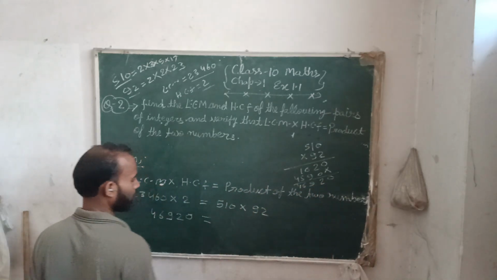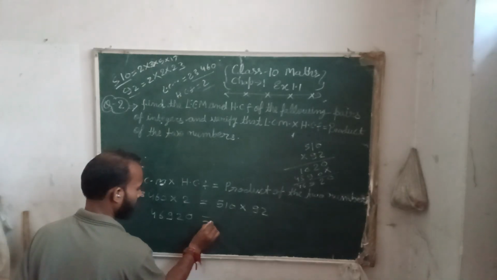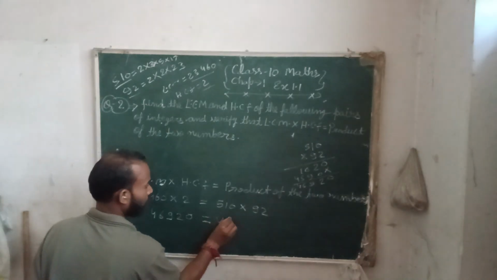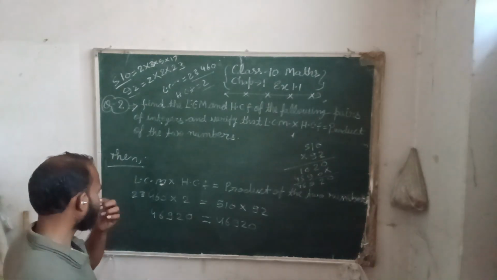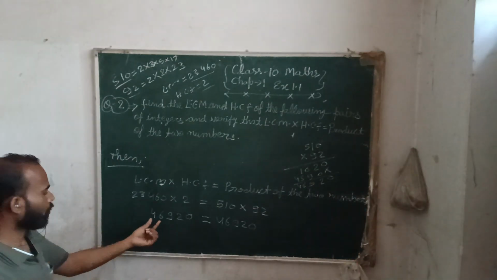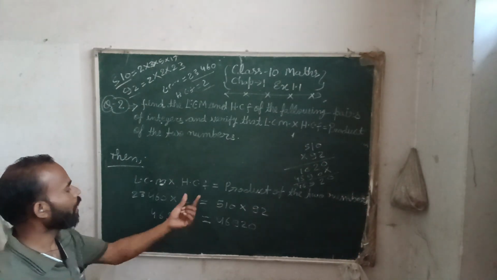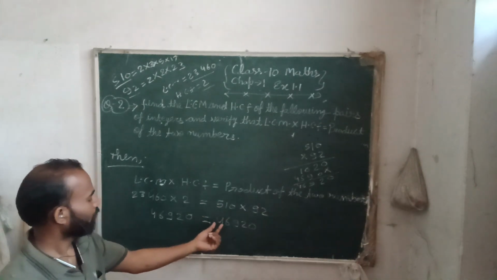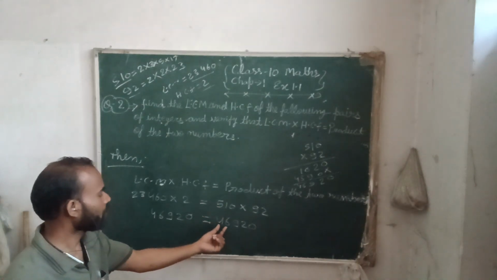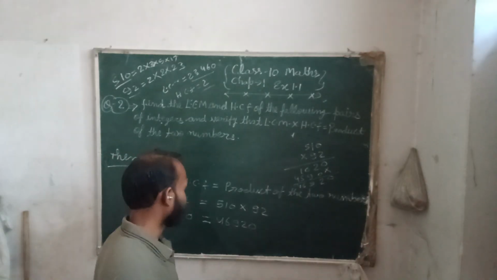Both products give 46,920. LCM into HCF is 46,920 and the product of the two numbers 510 and 92 is also 46,920. So 46,920 is the right answer.